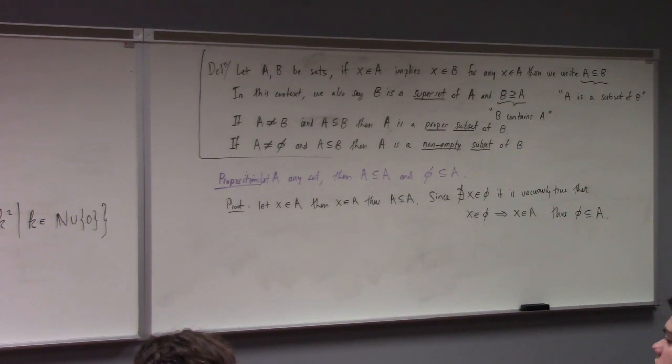Likewise, X an element of B implies X is an element of A, since B is a subset of A. So, in summary, A and B have the same elements. Therefore, A is equal to B.